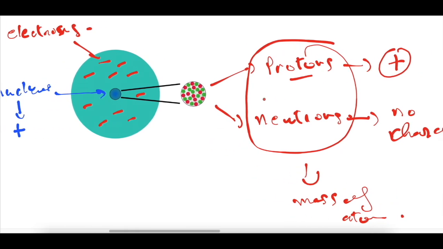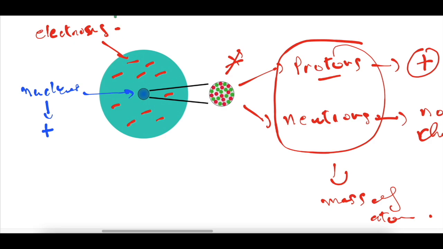And also, as these subatomic particles are stuck together within this tiny volume, the nucleus, they are not in contact with the outside world. Instead, the electrons that reside within the empty space are always in contact with the outside world.